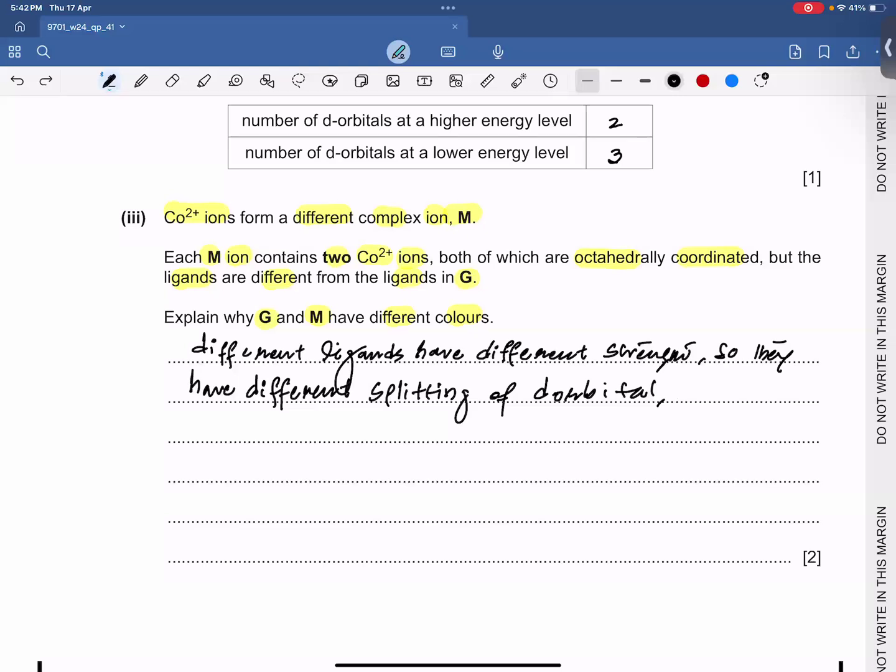So energy absorption takes place for electron promotion in the visible spectrum.